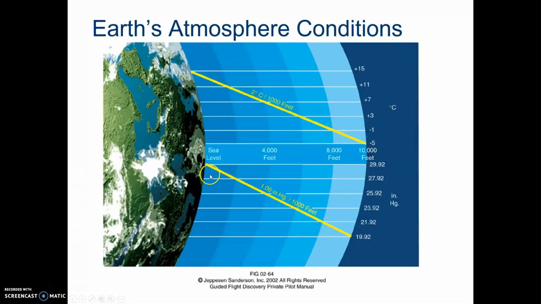The same applies to pressure: at sea level you have 29.92 inches of mercury, and then it drops 1 inch of mercury per 1,000 feet. So you have an increase in altitude but a decrease in pressure. By the time you get to here, we have 19.92, which would be about 10,000 feet. 19.92 would be your pressure in inches of mercury.